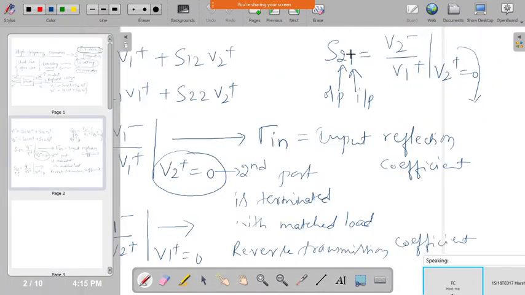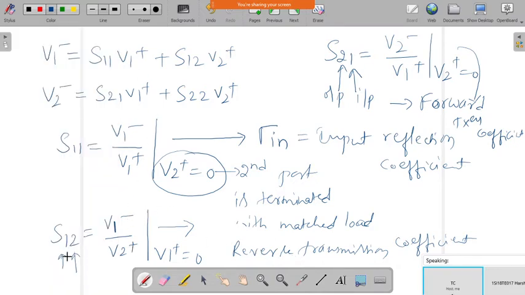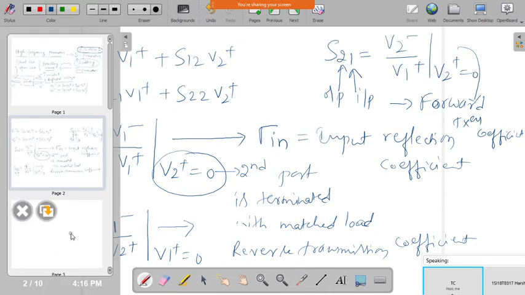If I give the input at port 1 and take the output at port 2, this gives the forward transmission coefficient. Similarly we have the reverse transmission coefficient, where I give the input at 2 and take the output at 1. And one more parameter we can define is S22.